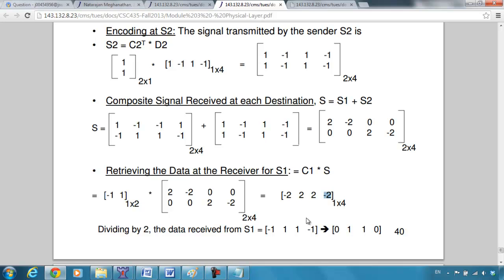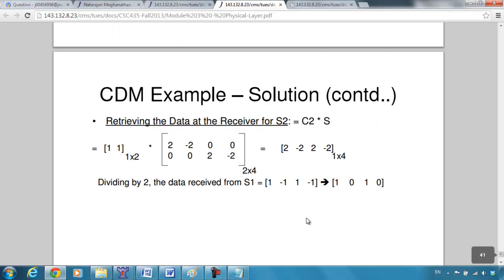Okay. Similarly, the receiver for S2 will use the chip sequence for S2, which is 1, 1, and multiply with the matrix we have here, the composite signal. So 1 times 2 is a 2 plus 1 times 0, so it is a 2. Then 1 times negative 2 is a negative 2 plus 1 times 0 is negative 2.